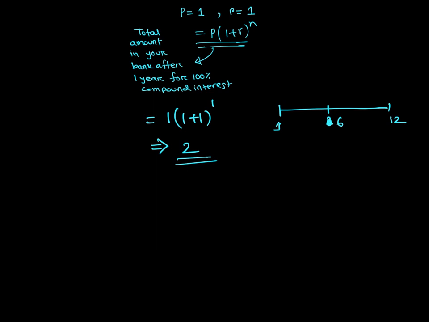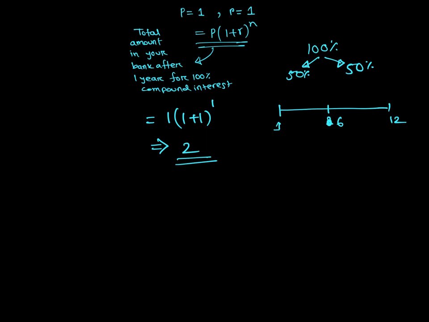So what he did, he told his friend that you were supposed to give me 100% interest. Now let's divide this 100% into 2 parts, which is 50% and 50%. Now he told his friend to calculate the 50% interest on $1 after 6 months.